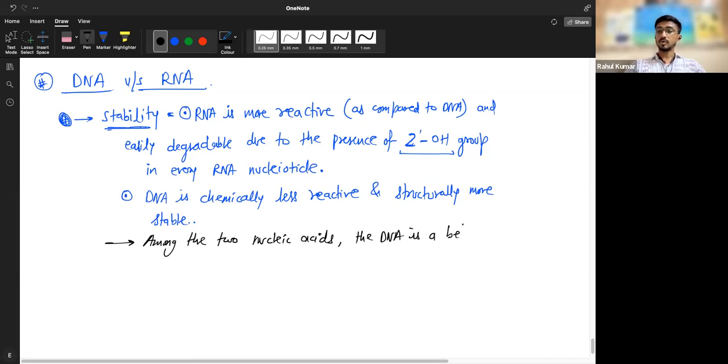That's why more evolved organisms have DNA as their genetic material. All animals, all plants have DNA as their genetic material because it is a better genetic material. Viruses only have RNA as their genetic material.